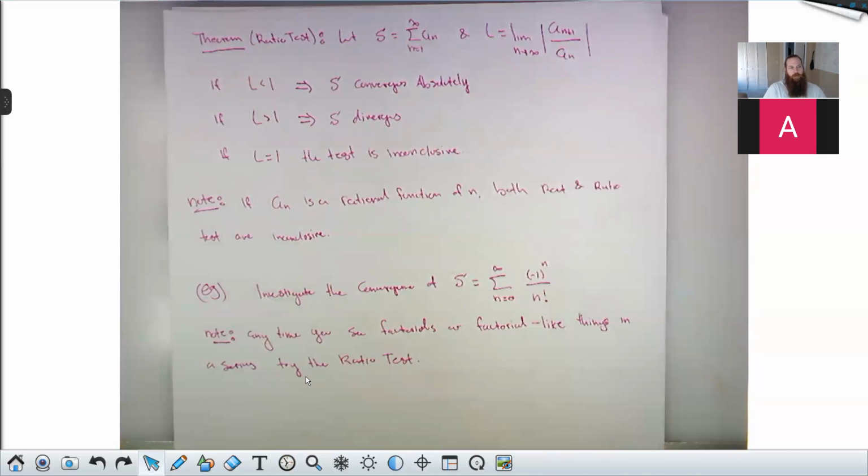Because ratios of factorials cancel beautifully. We've seen that before, right? If you divide one factorial by another factorial, usually there's a lot of cancellation because there's a lot of common numbers between any two factorials because they all multiply all the way down to 1.